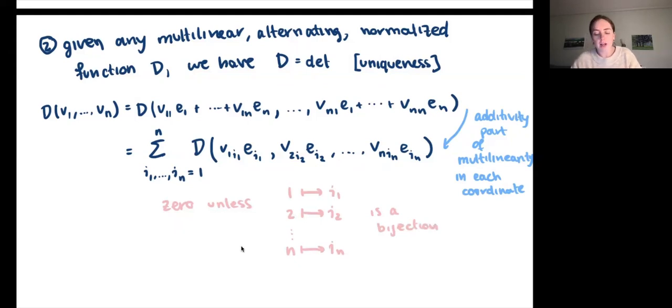Because if it's not a bijection, then two of these i's will be equal, and then I'll have the same e sub i appearing twice in this determinant.